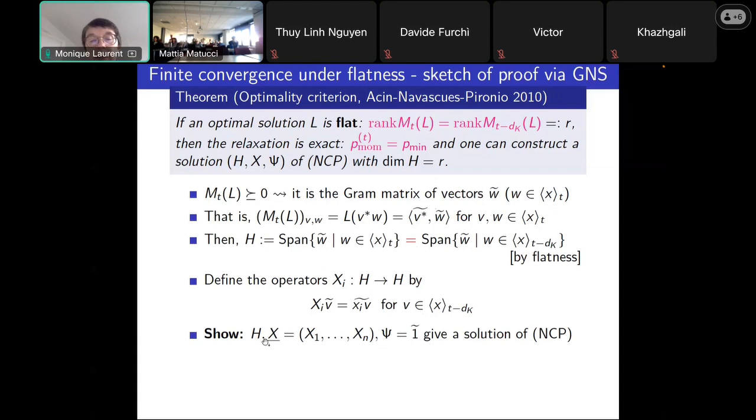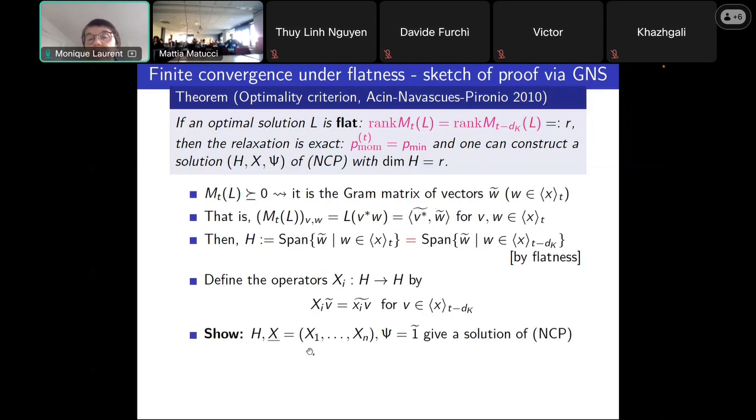And then it's kind of an exercise, but one can check. So one needs to check that this defines indeed a solution to the original non-commutative polynomial optimization problem. So the only thing you need to do actually is to check that the xi satisfies the constraints, which were asking that hj of x should be positive semi-definite.